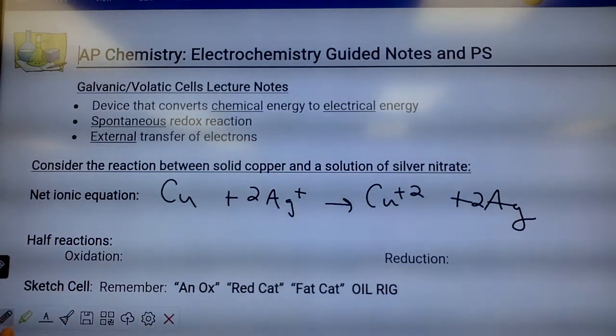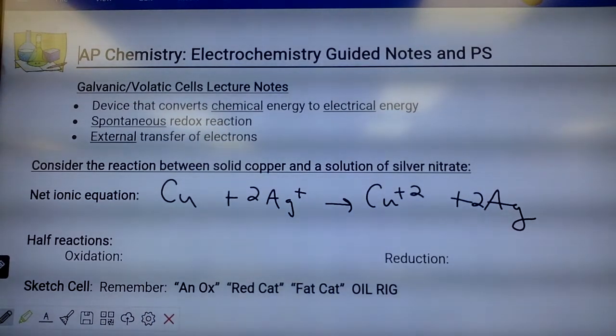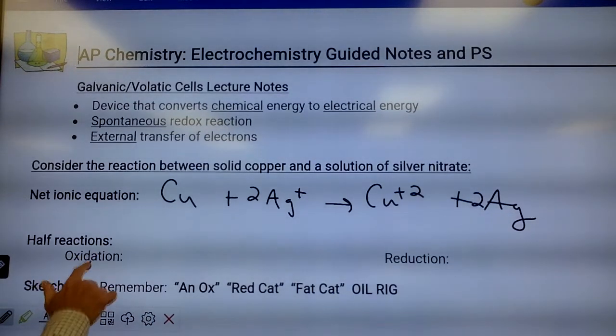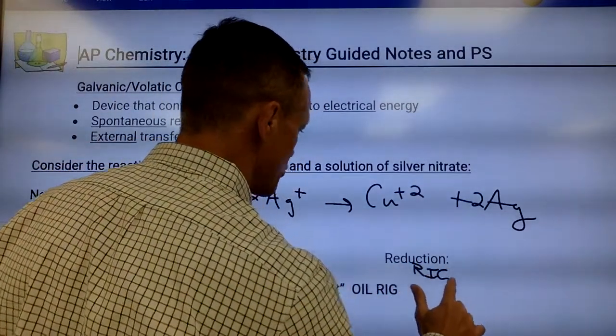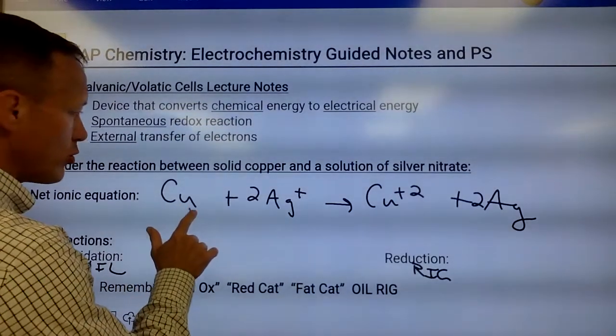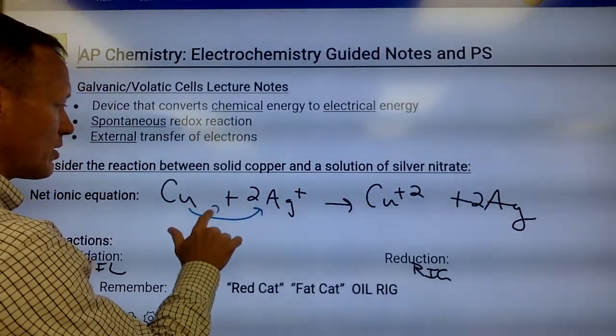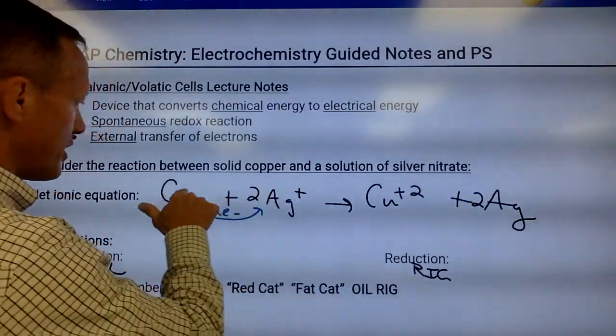So if we write the oxidation half reaction, remember oxidation is losing, OIL. Oxidation is losing, RIG. Reduction is gaining electrons. So losing electrons, gaining electrons. Copper is losing electrons. Silver is gaining electrons. It's being reduced. Copper is being oxidized.